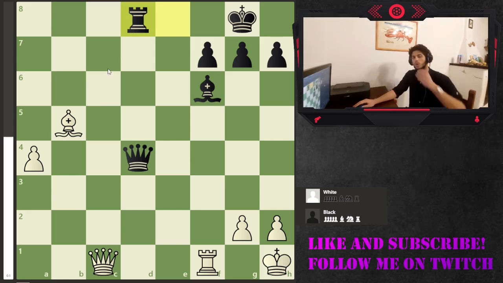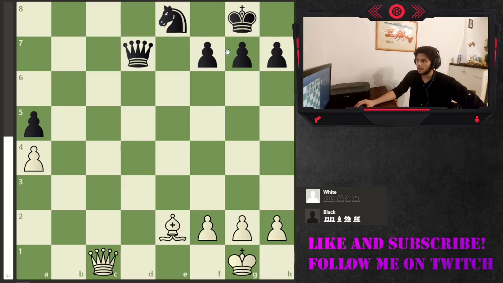So when you are looking for skewers, you always need to keep in mind that the pinned piece can actually move with tempo, and if it does, you don't win any material. Another thing to keep in mind is that the pinned piece, which is attacked, can also move, and when it moves, it protects the target piece.